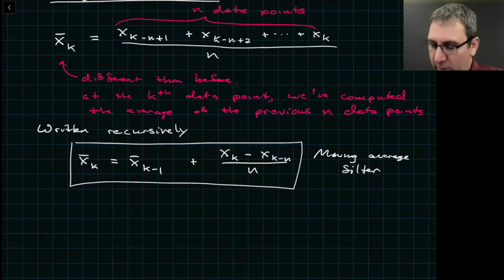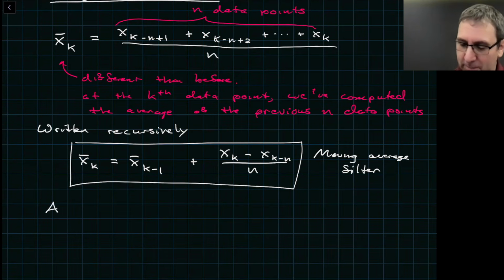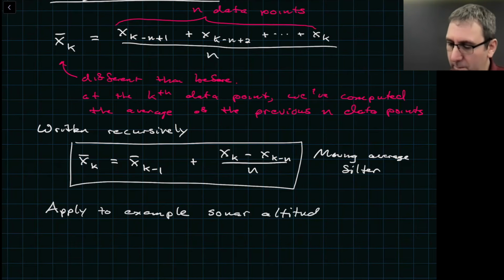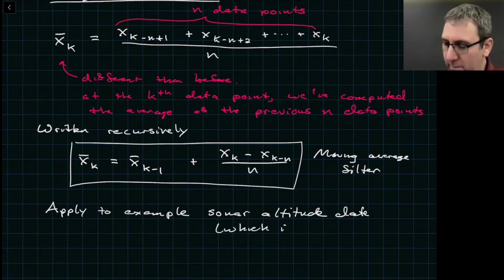And the thing we have to pick is n. So let's apply it to some example data. It's actually sonar altitude data, which is noisy.